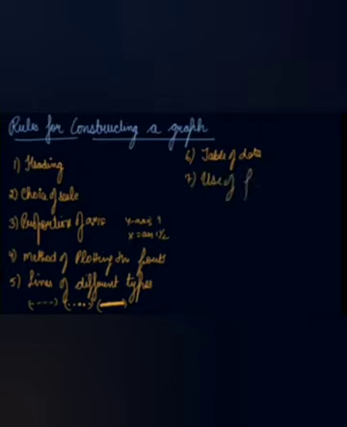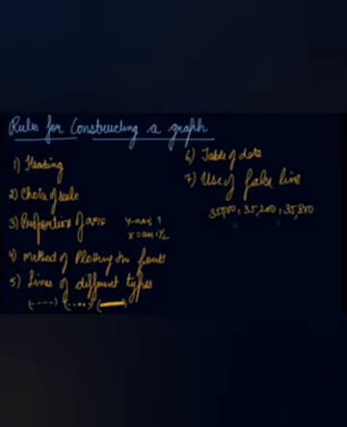Seventh, use of false line. Now what happens? See, let's suppose 35,000 tons of sugar is determined in 2012, 35,200 is determined in 2013 and 35,800 is determined in 2014.